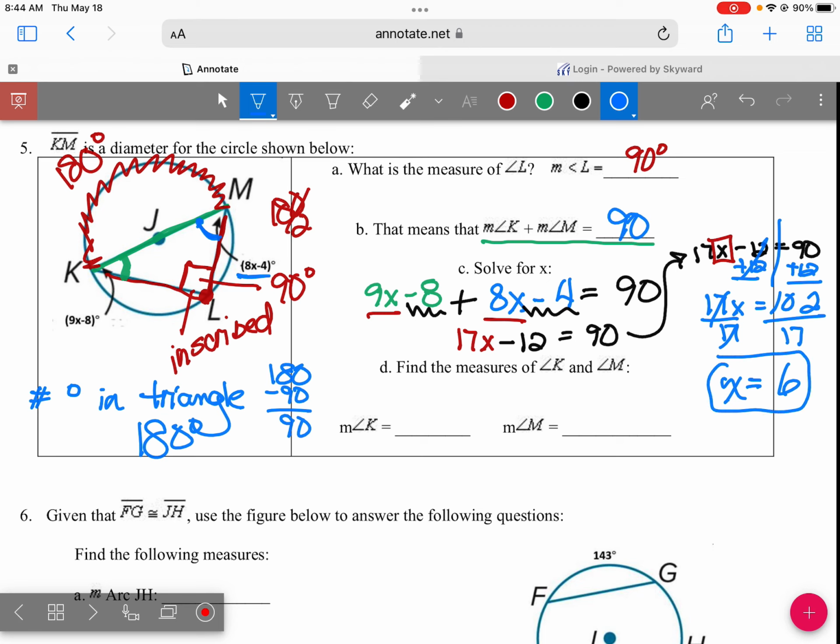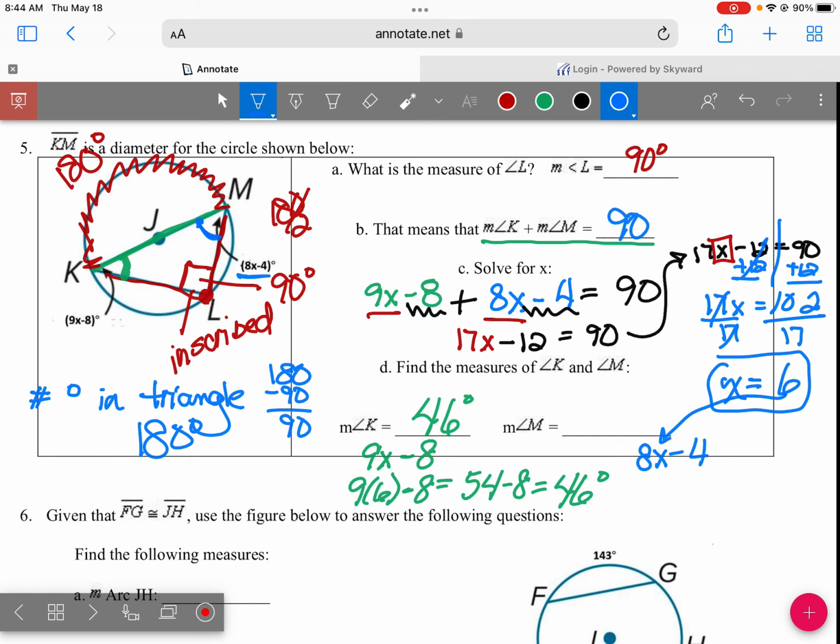Okay. Well, how is that helpful, you say? Well, then we have to find the measures of angle K and M. Angle K is 9x minus 8, which means 9 times 6 minus 8, which is 54 minus 8, which is 46 degrees. And it's degrees because it's the measure of an angle. And for M, it's 8x minus 4.